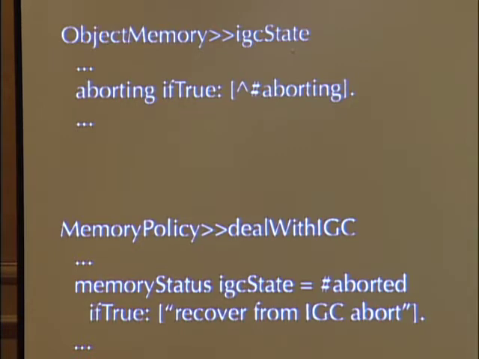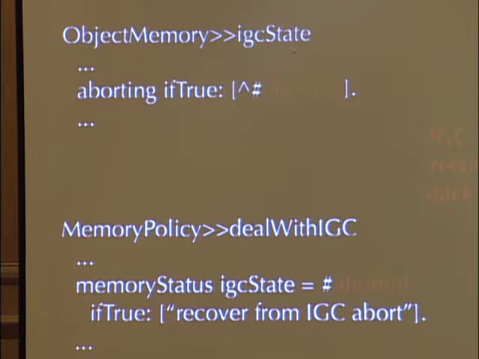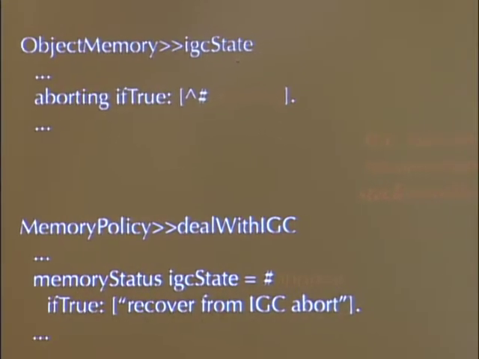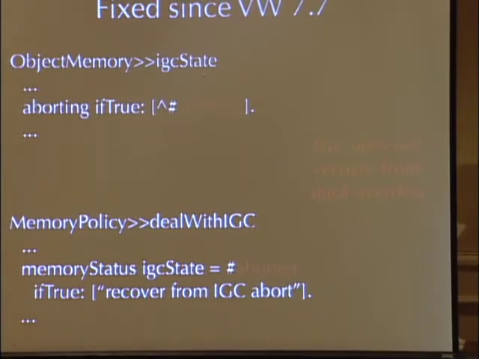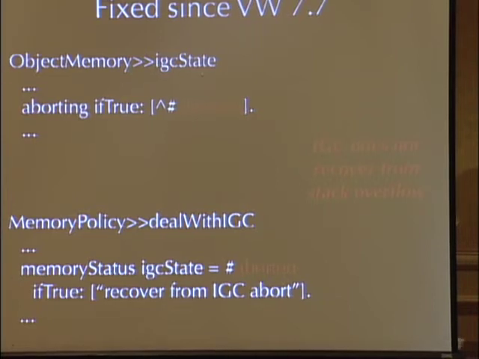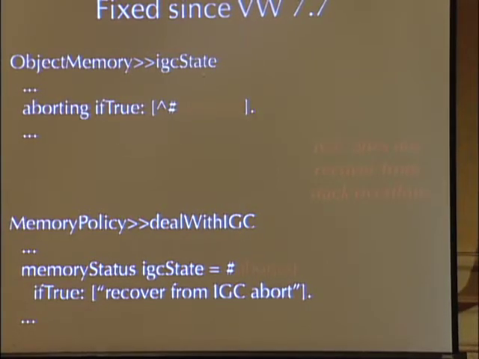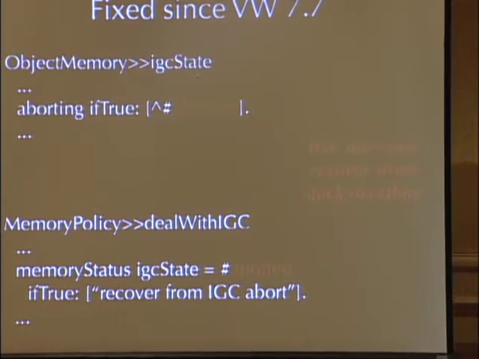Of course, because symbols were used, and one of the symbols was misspelled, that means that whenever the IGC is aborting, the memory policy is going to wait for aborted, and so nothing's going to happen. And so the IGC is going to stay aborted forever, and will force your application to do an IGC to fix the problem.